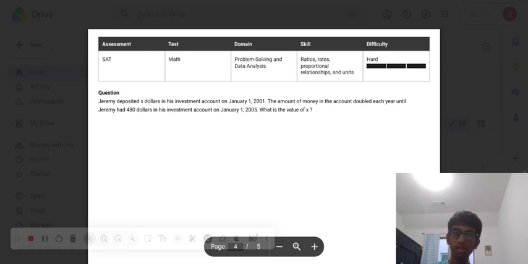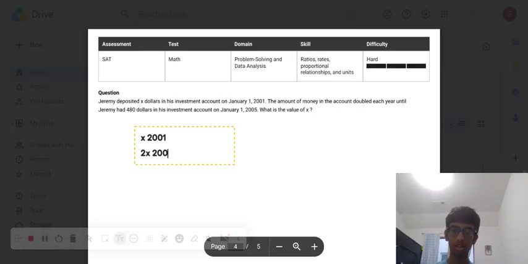Okay, well, let's look at it this way. He inputted X dollars at 2001, right? And then it doubles each year. So it'll be 2x at 2002. And then we're doubling this again, so it'll be 4x at 2003, and then 8x at 2004, and then 2005 will be 16x, right?